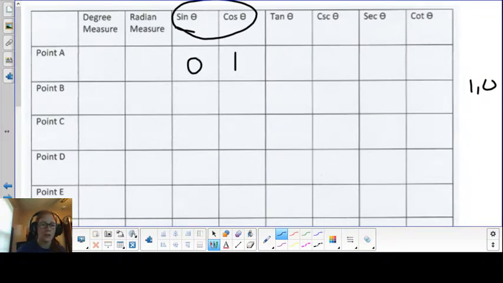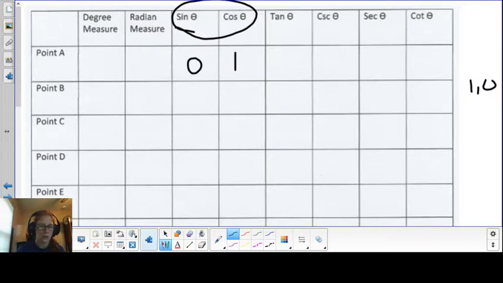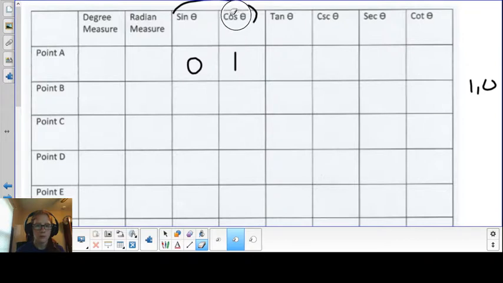So they look backwards. Sine is the more prominently used of the two, and we usually refer to just sine in most cases. So it goes cosine, then sine.